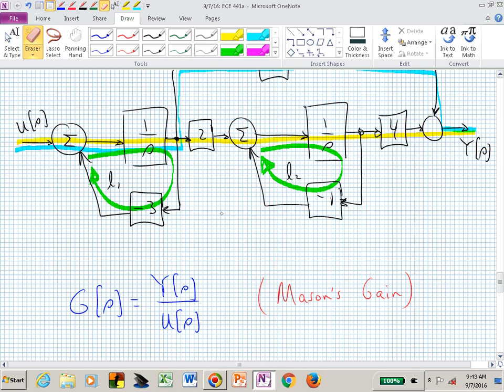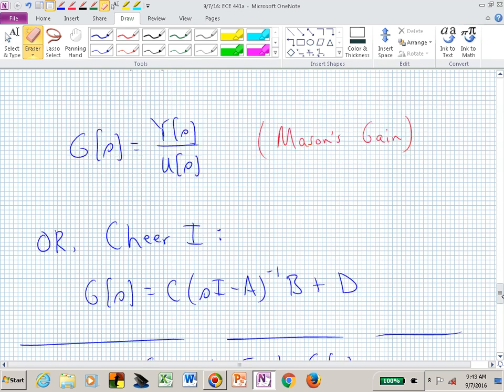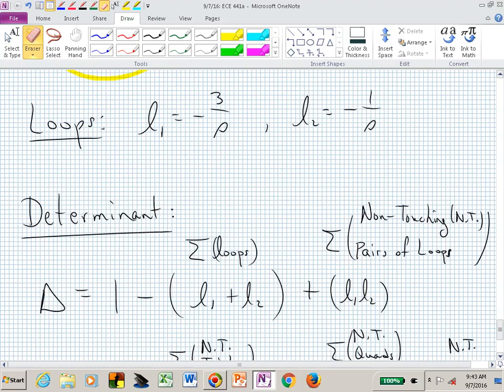So in that example that I just illustrated, we wouldn't have a triple, would we? We would have 3 loops, so L3 would appear here. L3 would have appeared in that sum of loops, but it wouldn't have appeared in a pairwise product because it touched L1 and it touched L2.